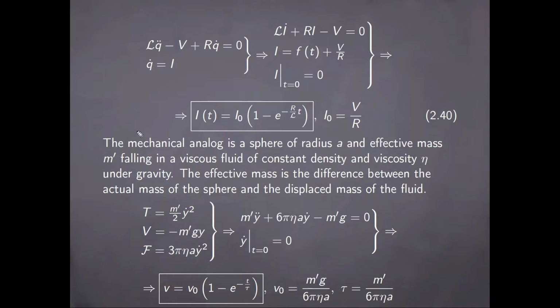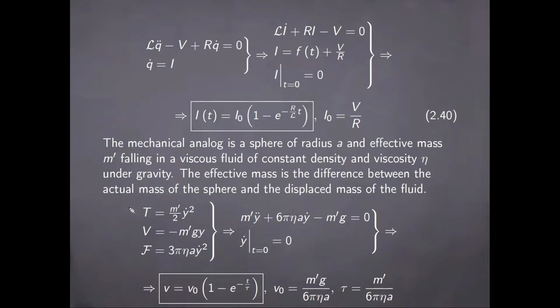Ohm's law. And as said previously, the mechanical analog is a sphere of radius a and effective mass m prime, falling in a viscous fluid of constant density and viscosity eta under gravity. The effective mass is the difference between the actual mass of the sphere and the displaced mass of the fluid.